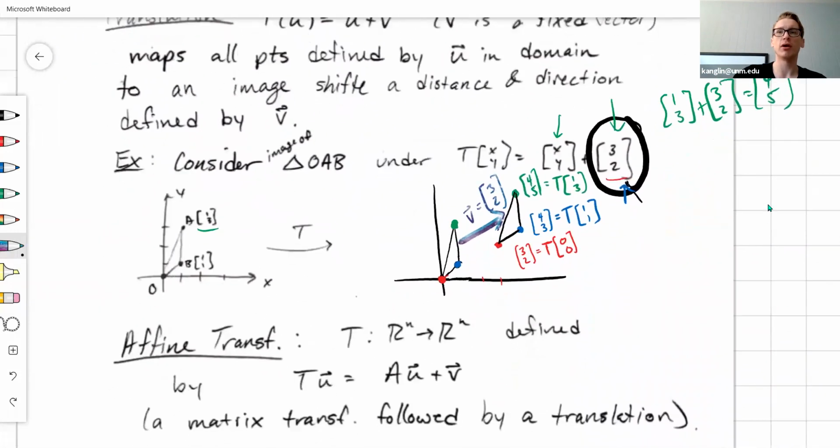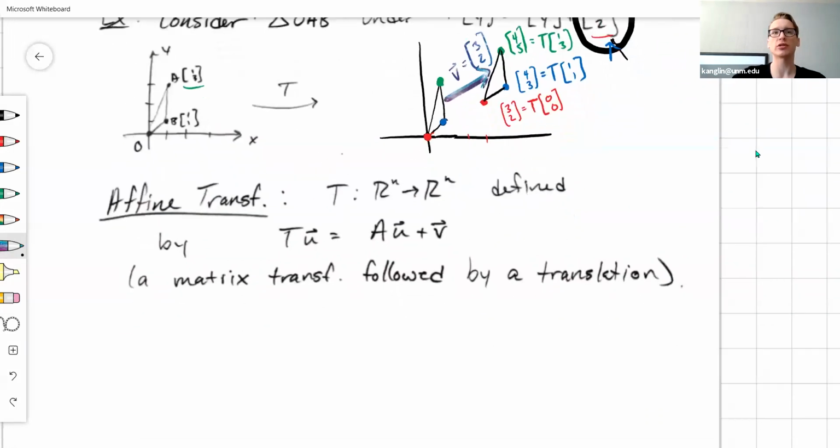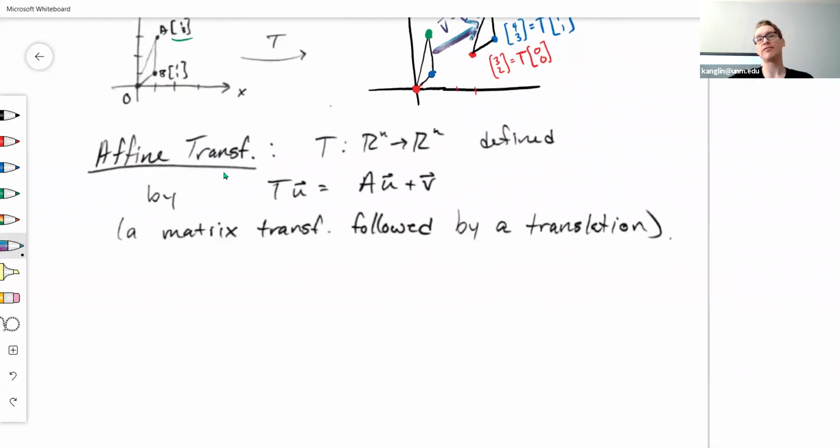It turns out another transformation that is not a matrix transformation is called an affine transformation. An affine transformation T, taking Rn back to Rn, so one space to the same space again, defined by T of U equals a matrix transformation, A times U, plus a translation, V. Right, so that's all we mean by an affine transformation.